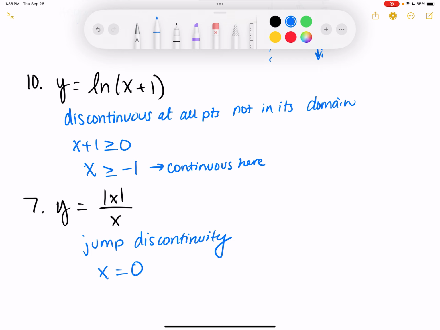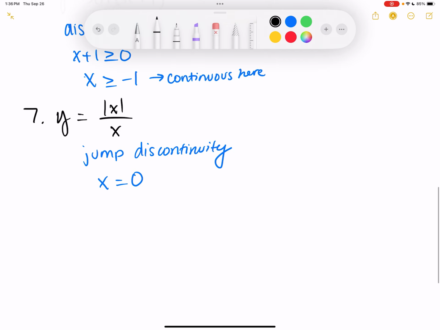All right, let's see if we can do these. 12 has parts A, B, and C, actually all the way through D. This is where you need your book. So 12 says, does f of 1 exist? So if I plug in 1, is there a value there?